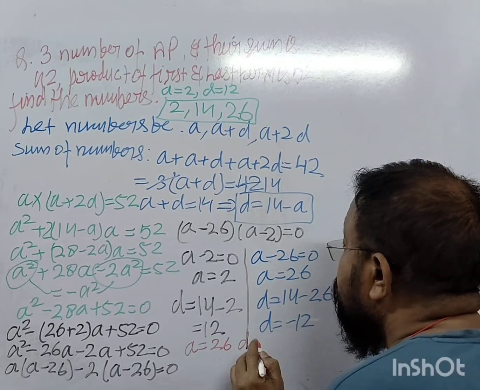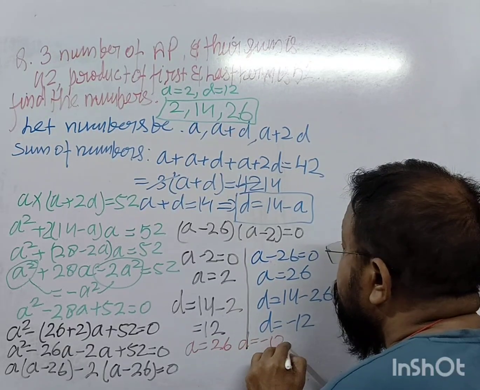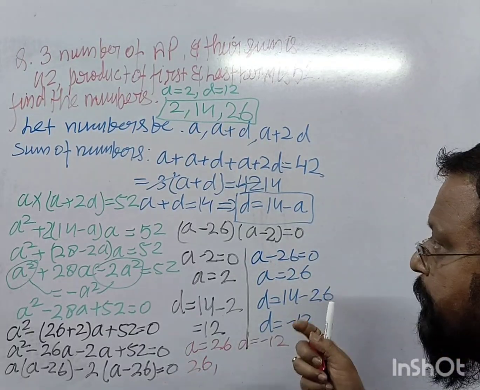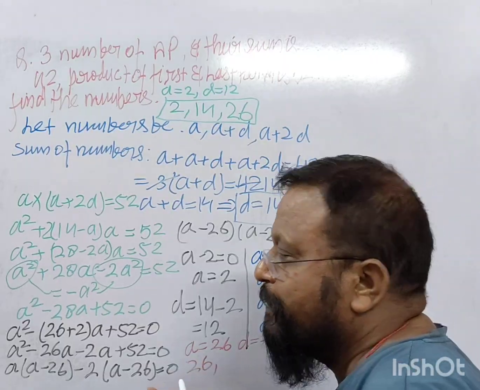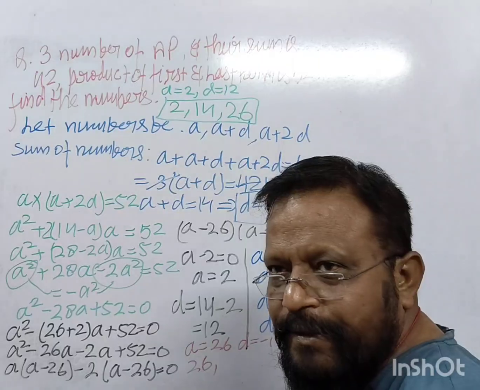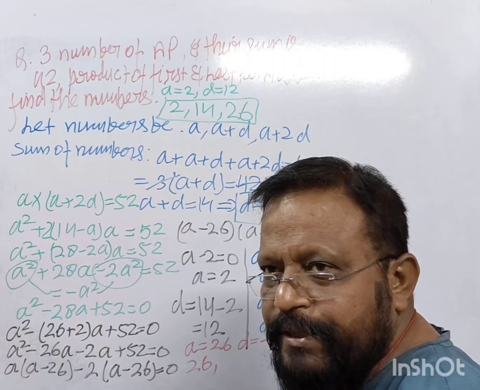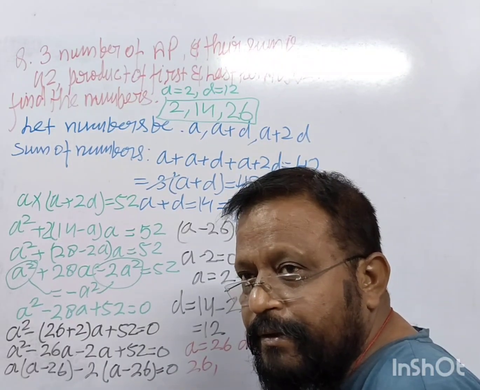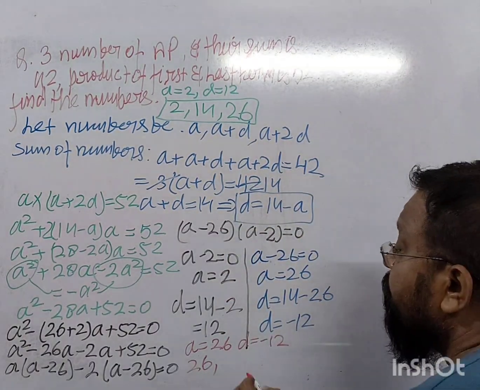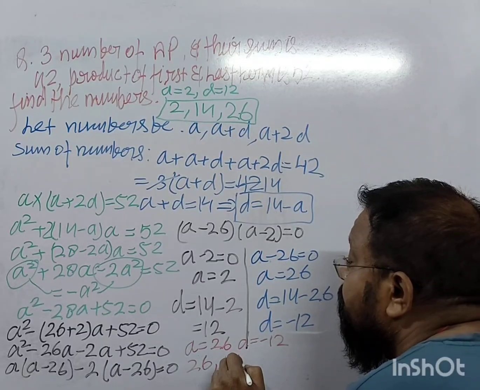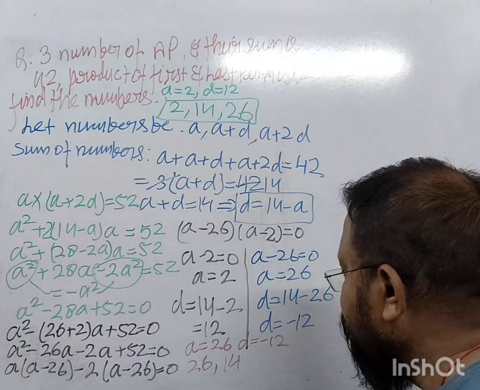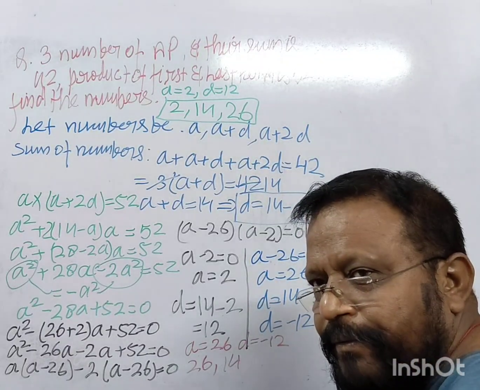So the first number is 26, after 26 a plus d, so how much is it? 26 minus 12 becomes 14, then 26 minus 24 becomes 2.